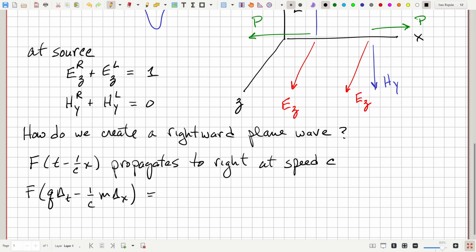And let's do this. Let's say that's f of, and let's factor out a delta t here. So we'd have q minus, to factor out a delta t, we've got to put 1 in the denominator. So that'd be minus m delta x in the numerator and c delta t in the denominator. Okay, and then we factored out a delta t.